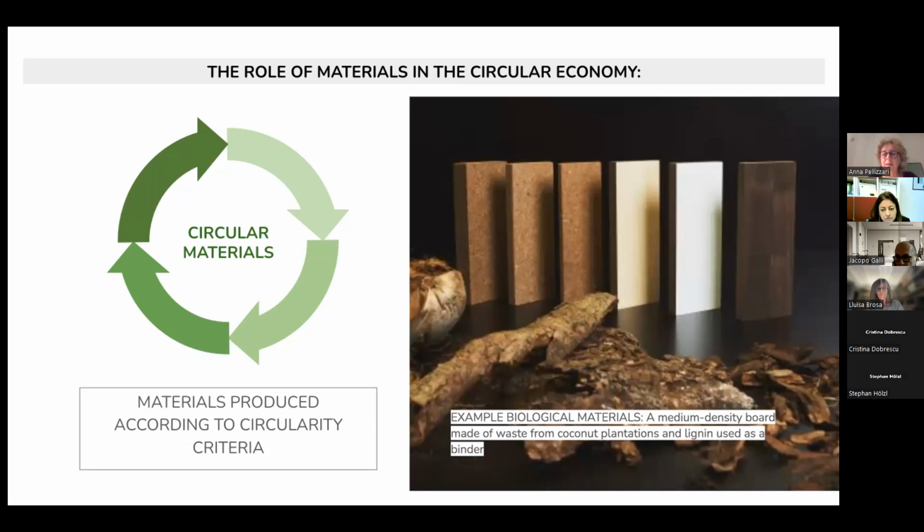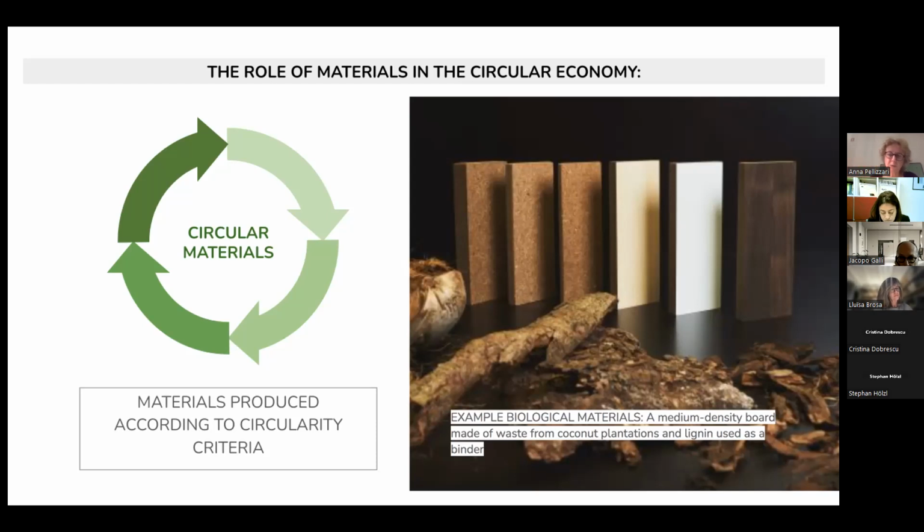What's interesting is that a waste coming from agriculture, which would otherwise be incinerated in place, something that provokes a lot of local pollution besides CO2 emissions, is recovered and transformed into boards.